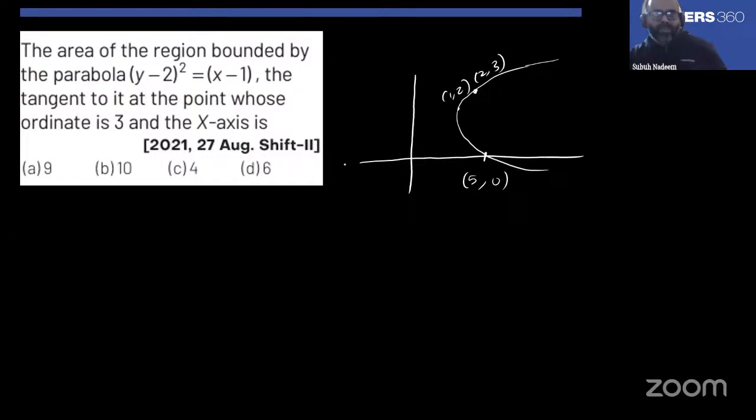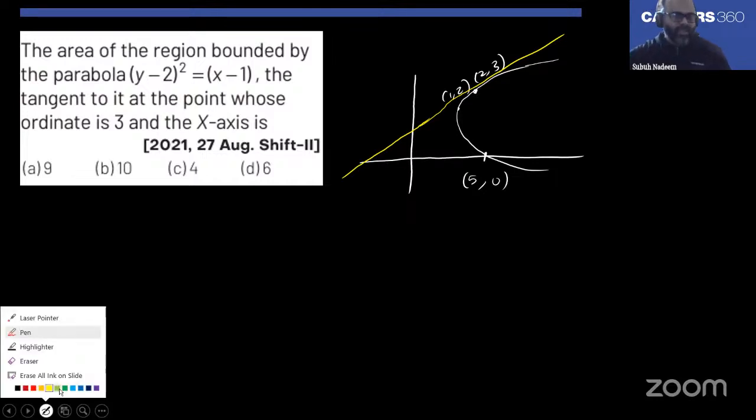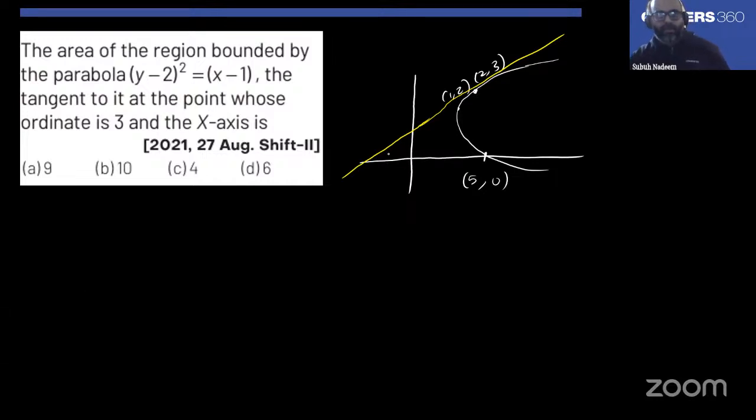So there is a tangent drawn at this point (2, 3). And this tangent is intersecting the x-axis. So they are asking the tangent and the parabola and the x-axis. What is the area enclosed by them?